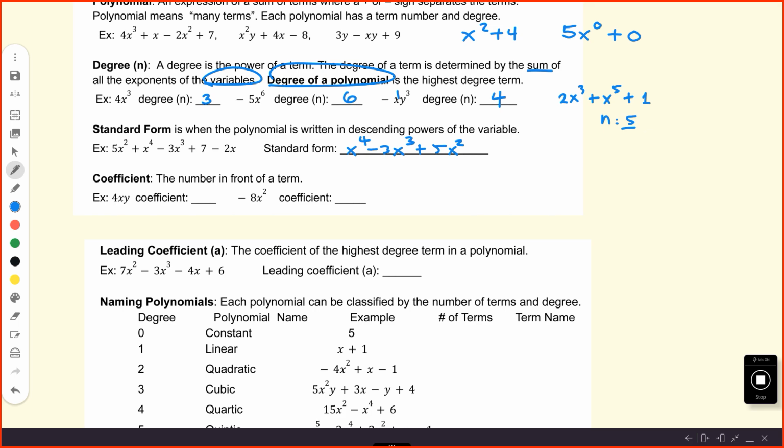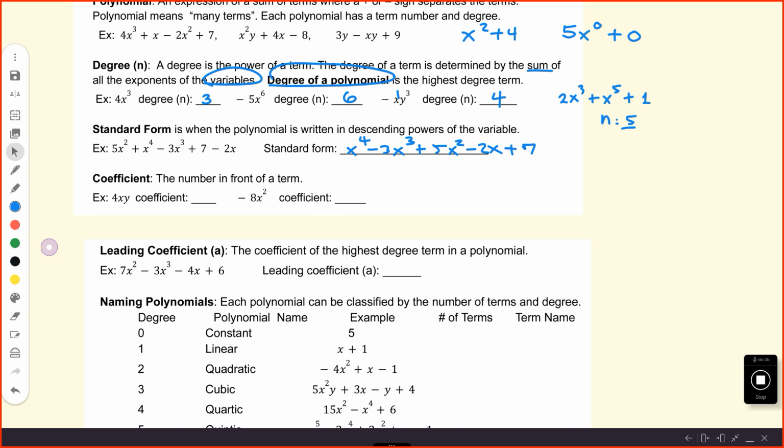Minus 2x, the sign is negative. And then what's the last one? Plus 7. So this is the standard form of the given polynomial. If you're asked to write the final answer in standard form, that should be your final answer.